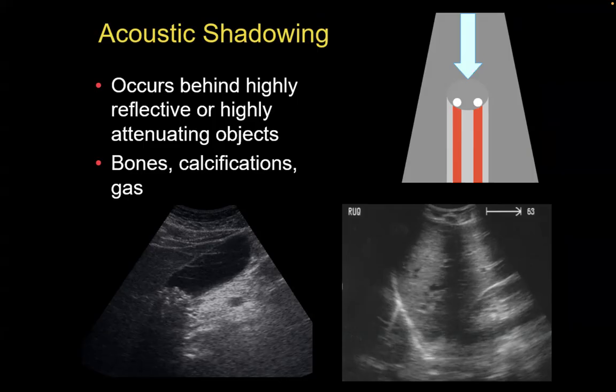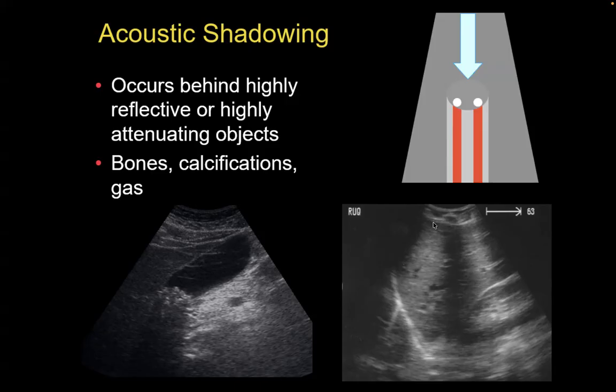What this means is that with highly reflective, rigid objects, for example stones in the gallbladder, as shown here and here, the ultrasound waves shoot at them and reflect all the energy back to the probe, and nothing is transmitted through. That means a shadow develops right underneath, shown right here as well as here. This is what's called acoustic shadowing.